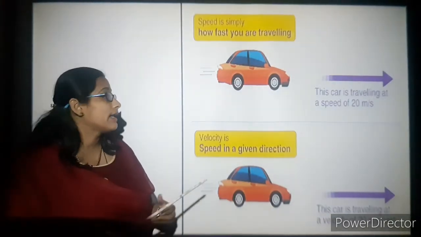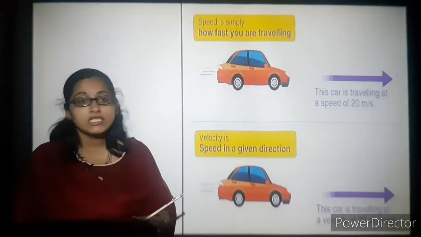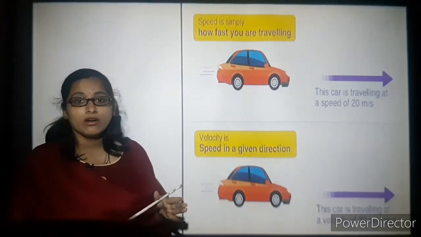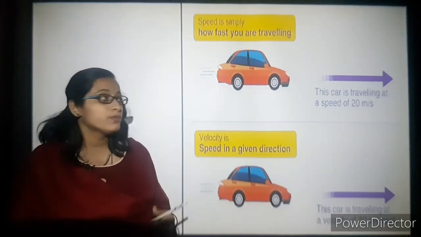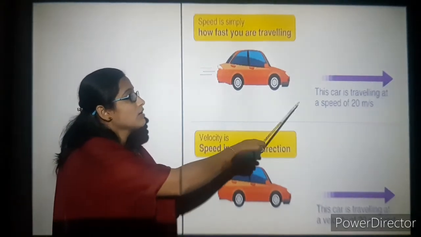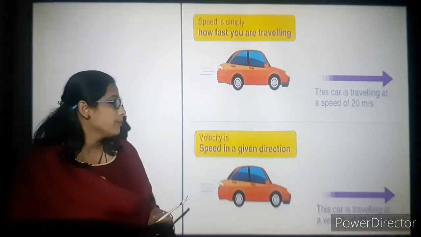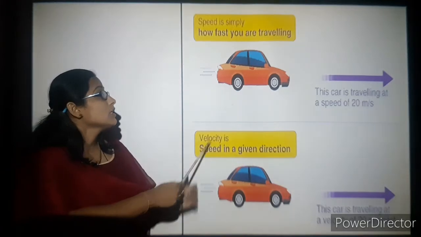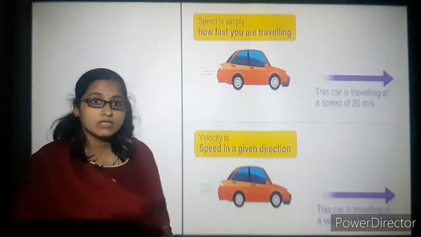Here is again an example. What is speed? How fast an object, for example a car, is travelling is known as the speed. This car is travelling at a speed of 20 meter per second. What is velocity? Here there is no description of the direction with respect to the speed.